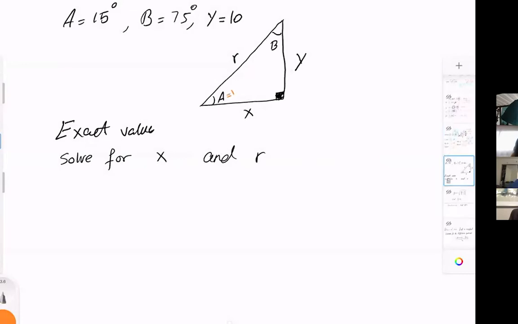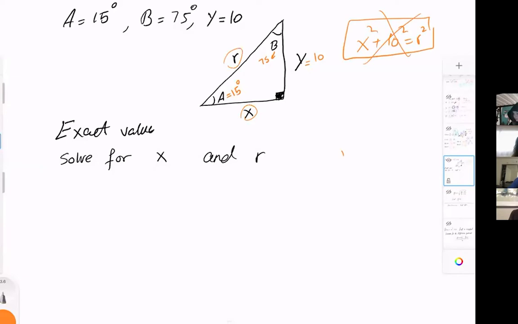A is 15 degrees, B is 75, and Y is 10. They're asking to solve for X. So X and R are both unknown, so we cannot use X squared plus 10 squared equals R squared. The Pythagorean theorem is not going to work.